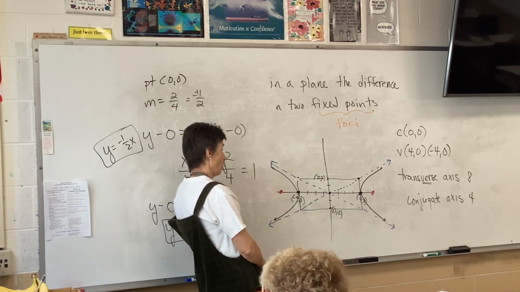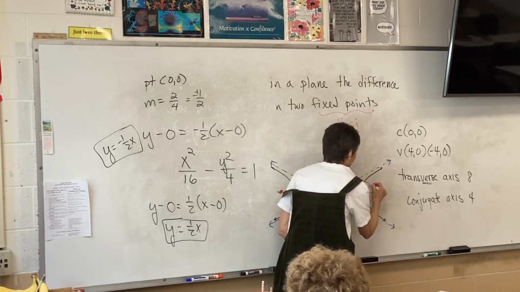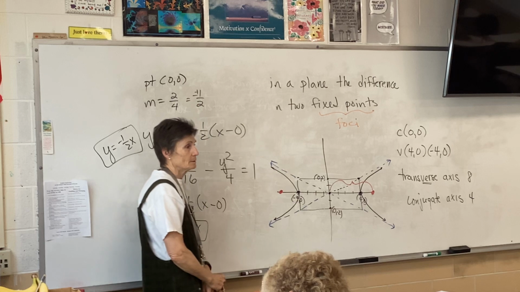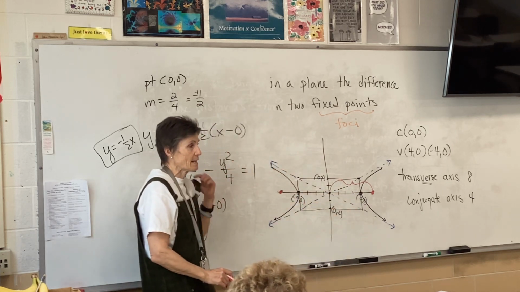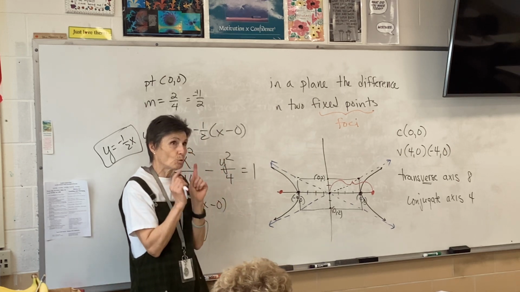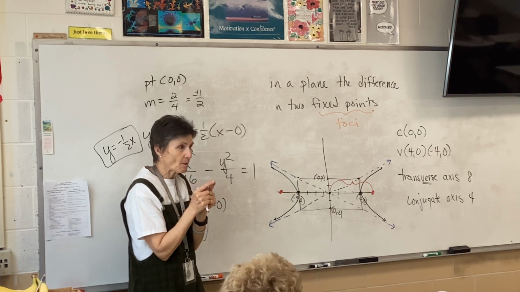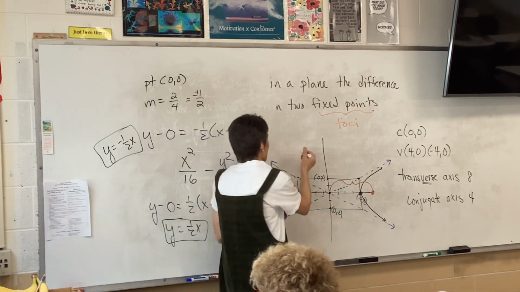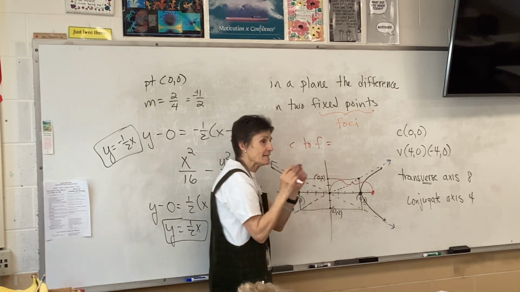Always, always measure from the center. It's tempting to measure from a vertex, but you don't. It's always the center. Okay, now let's stop a minute. Your quiz next time is an ellipse. How do we find the distance from the center to the focus in an ellipse?